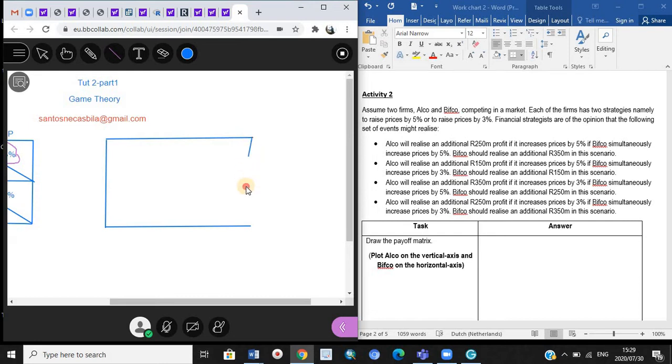Just divide it. So we will do the same. We will fill in the payoff matrix as we read, as we go, so that we make it easier.